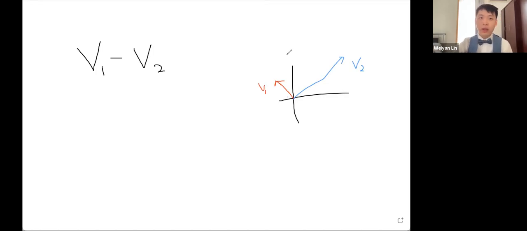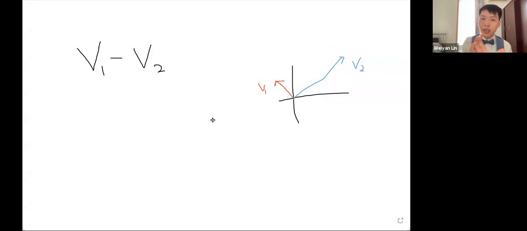Okay, you can think of it as going along V1 from the origin, and then minus V2 means you go the opposite way of V2. So instead of going here, you're going the other way.